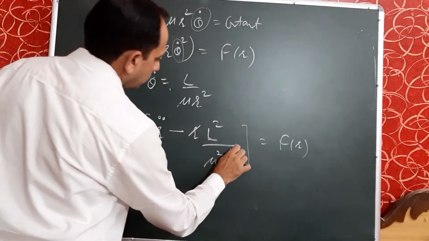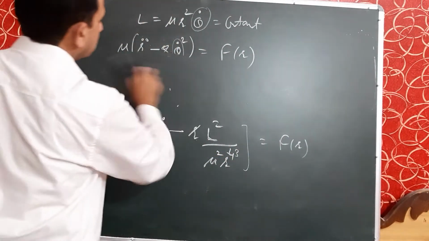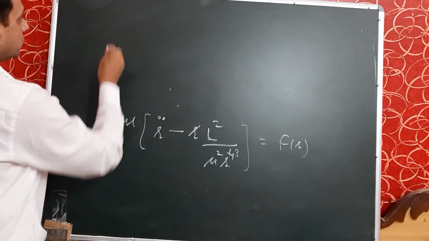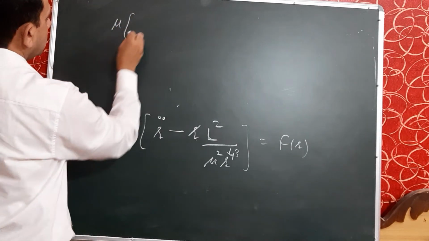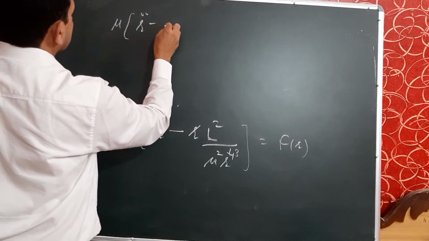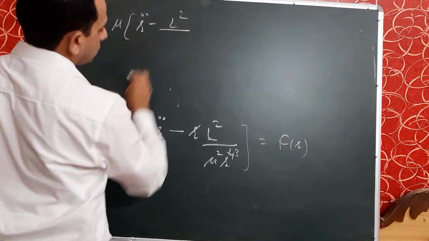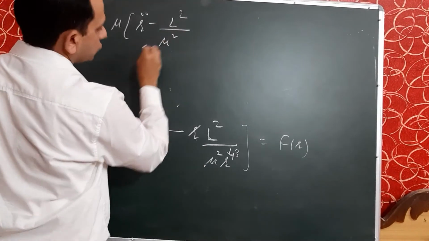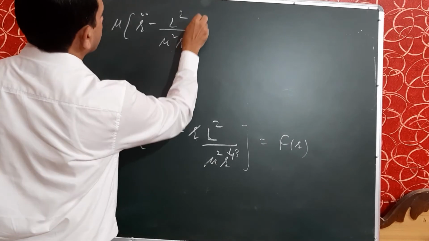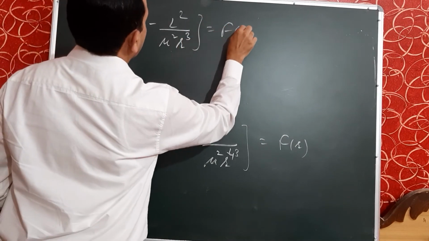One r cancels out, and we get mu into r double dot minus L square over mu square r cube is equal to f of r.